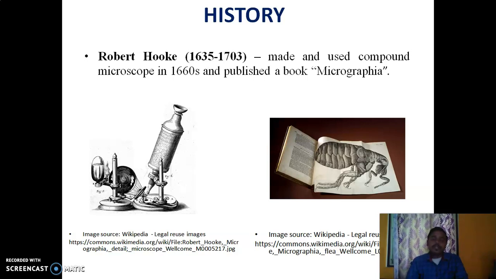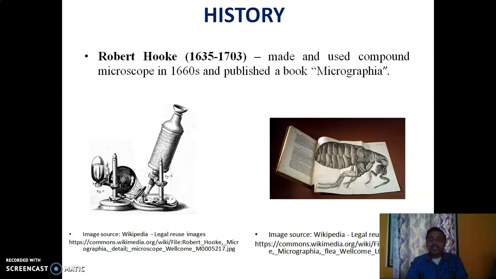The first person is Robert Hooke. Robert Hooke lived in the period of 1635 to 1703. During the 1660s, he made and used a compound microscope, which was one of the finest microscopes at that particular time. By looking at different species, starting from insects, then cells, he published a book called Micrographia, which was one of the top selling books at that time.